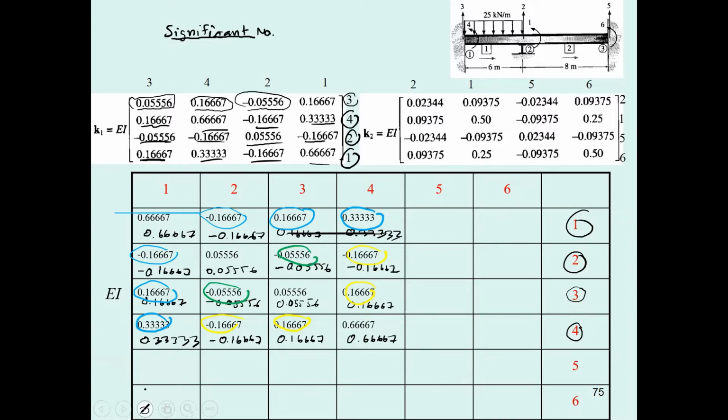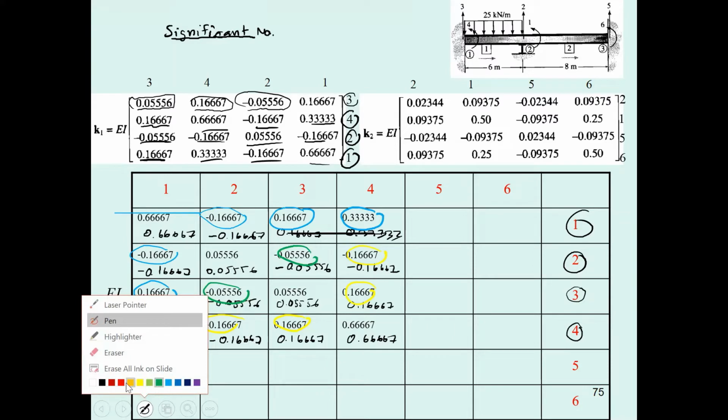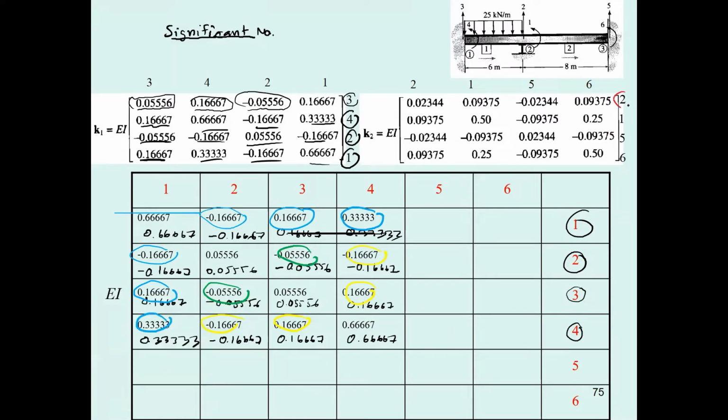Okay, to make you more understanding, let me move a little bit to this one. This is 2, 2, 2. Okay, this is going to be 2. You start by 2 over here, so it's going to pass 0.02344, and then go to the number 1 plus 0.09375, and then go to number 5.